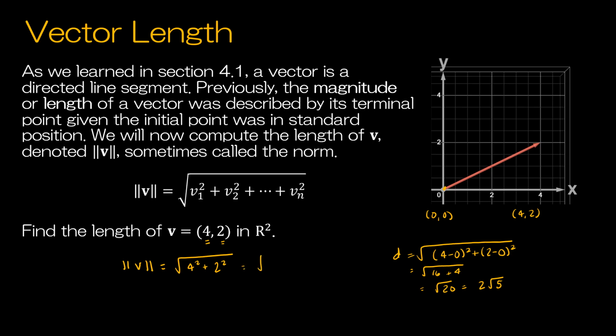Well, that gives me the square root of 16 plus 4, which is the square root of 20. So it's the same exact thing, but again, we're just finding the distance using that other point of 0, 0. So this is just an easier way to do it.